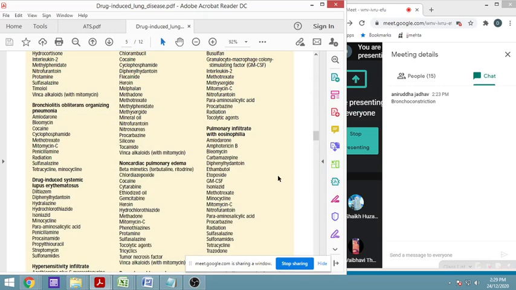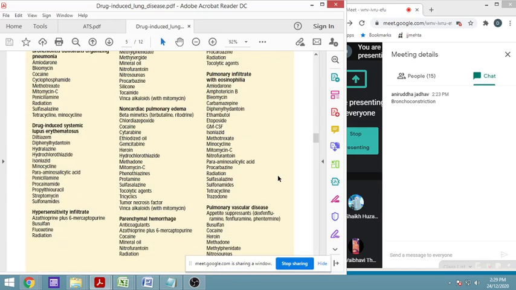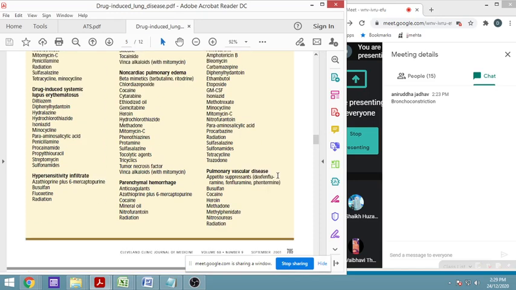Then those which are causing pulmonary infiltrate with eosinophilia: again amiodarone, amphotericin B, bleomycin, carbamazepine, diphenhydramine, ethambutol, etoposide, GM-CSF, isoniazid, methotrexate, minocycline, mitomycin, nitrofurantoin, para-aminosalicylic acid, procarbazine, radiation, sulfasalazine, sulfonamide, tetracycline, trazodone, and other agents, busulfan, cocaine. There are many drugs among appetite suppressants, heroin, methadone, methylphenidate, nitrosoureas, radiation.